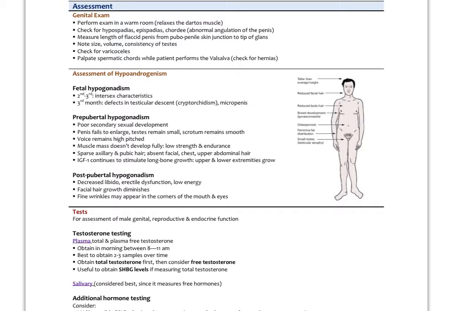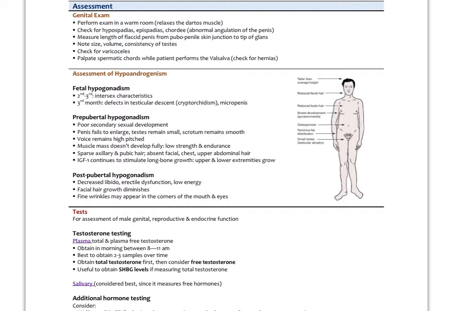In the prepubertal years, signs of hypogonadism would be, for example, poor secondary sexual development, lack of development of the penis, the testes often remain small, the scrotum remains smooth. We might see these kinds of disorders, and I'll talk about all the disorders causing hypogonadism, in something like Klinefelter syndrome.